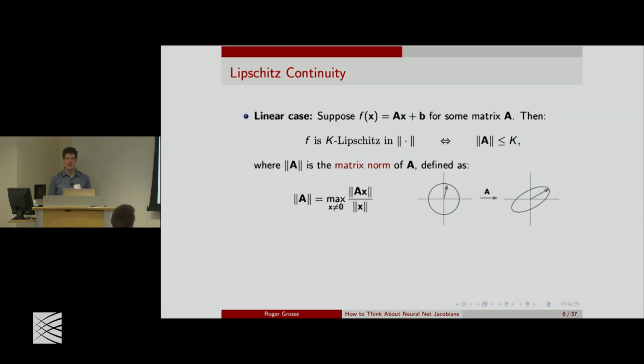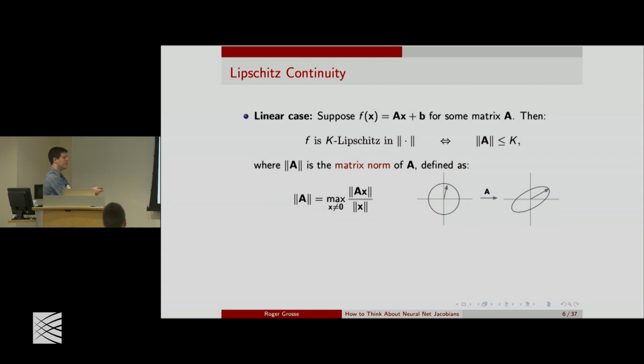So one instructive special case is linear functions. If we're computing a linear function, f of x equals Ax plus b for some matrix A, then the K-Lipschitz property is equivalent to the norm of A being less than or equal to k, right? And what norm? Well, if we use a particular vector norm for the Lipschitz property, then the norm we need for the matrix is the corresponding matrix norm.